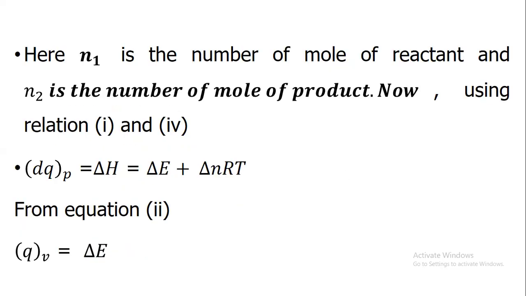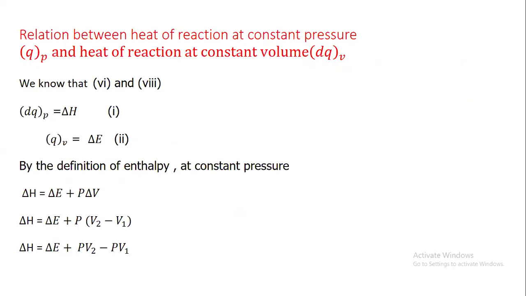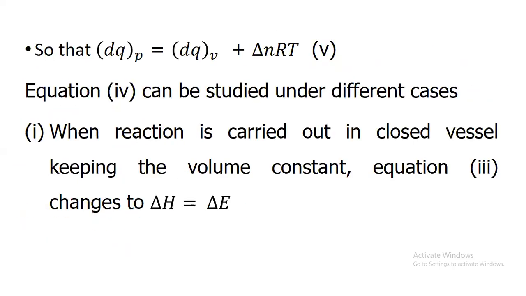So we can write QP equal to delta E plus delta n RT. Again, from equation second, delta QV equal to delta E. So that QP equal to QV plus delta n RT.